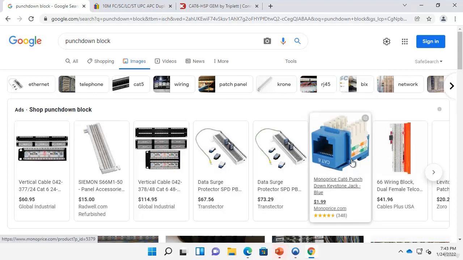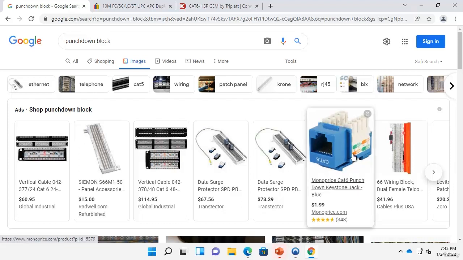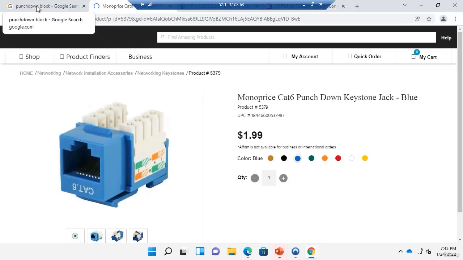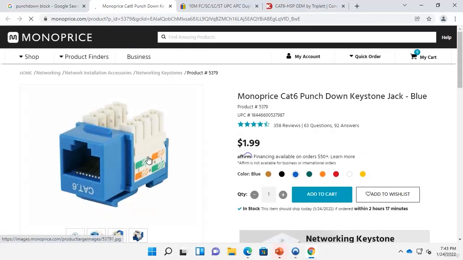This is a great one because it's a single plug, but it represents both, so you can see both sides. You can actually see the wiring schematic. This is how you would insert the wires from a single twisted pair cable into the back end of that, and then you have an RJ45 jack on the front of it.